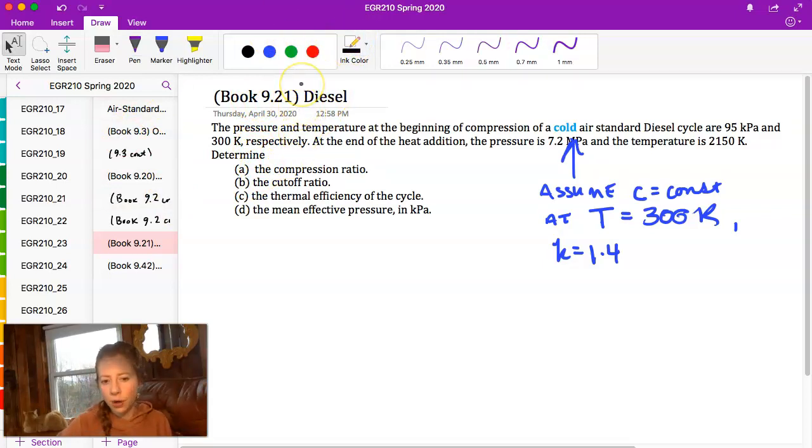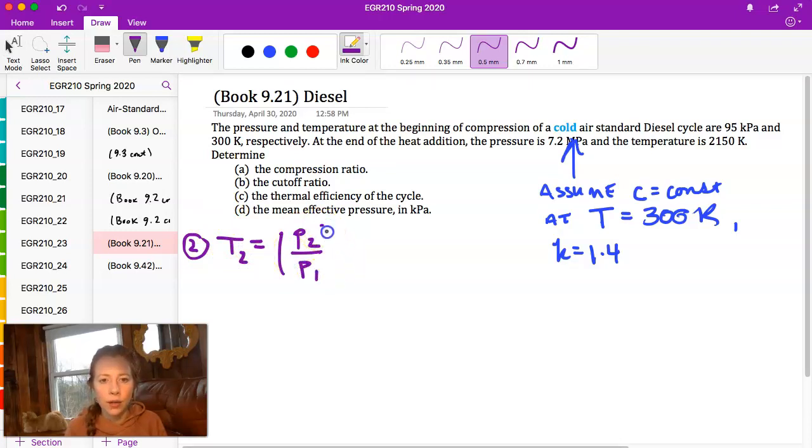All right, so for the most part, a lot of our information is going to be similar, except for some stuff starting at state 2 is going to be different. So we can find T2 is going to be (P2 over P1) to the power of (k minus 1) over k, times T1, which I'm just writing over there.